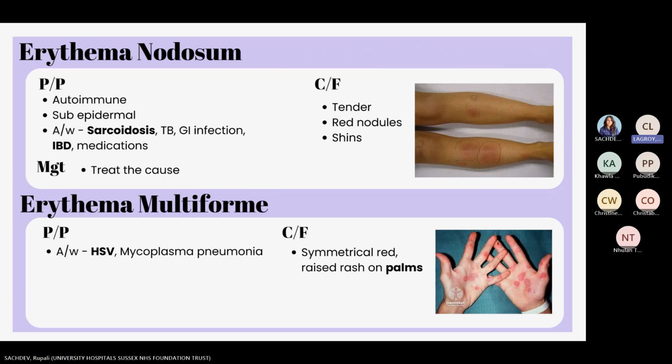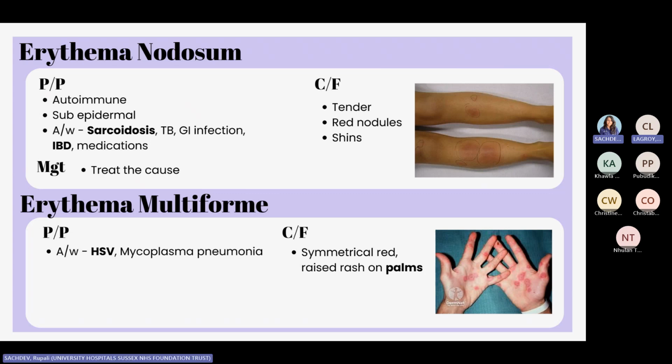It can also be present in people with tuberculosis infections, gastrointestinal infections, IBD in general, and it can also be medication induced. The clinical feature is tender red nodules on the shins. It can also present in pregnancy as well. That could be relevant information in the question stem, which would be pointing towards erythema nodosum.